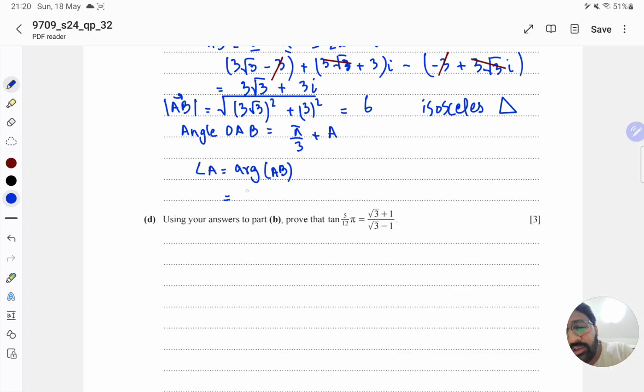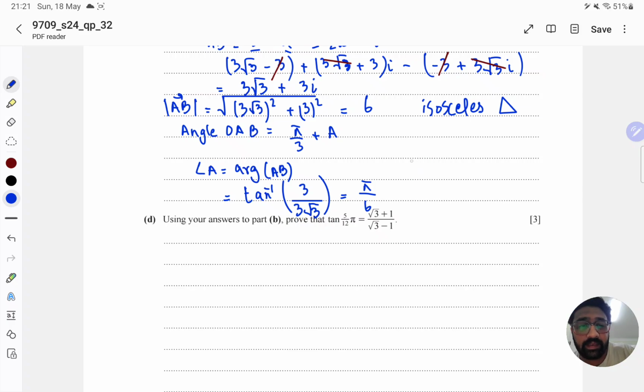So it is tan inverse of square root 3 divided by 3 square root of 3, so 1 by square root of 3. Tan inverse of 1 by square root of 3 is, I think, pi by 6. Yes, pi by 6.